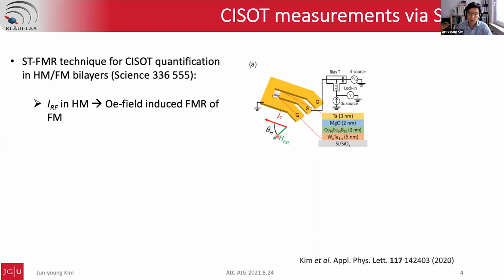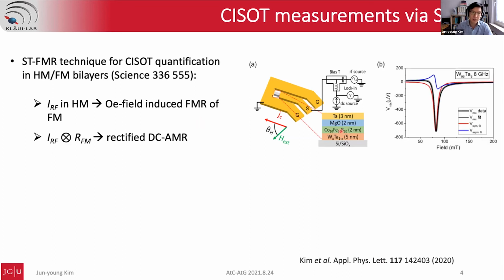With the correct external field, it induces the ferromagnetic resonance of the ferromagnet, and then this oscillating FMR with the RF current produces a rectified AMR effect that we can measure by measuring the voltage across the strip here.